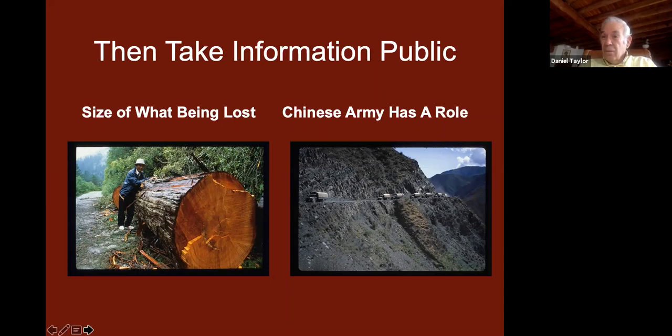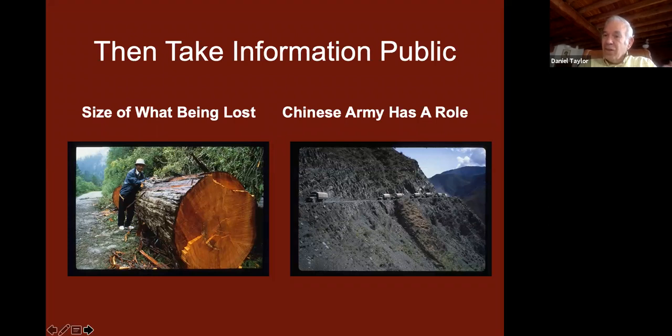So what did we do? We quietly, secretly made a movie inside of China. And we mailed this movie to every TV station in China in a brown paper envelope. They didn't know where it came from. And all of a sudden, the information about the deforestation went public.